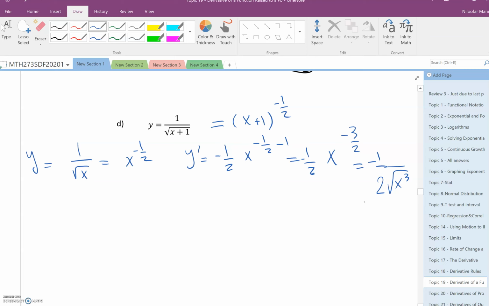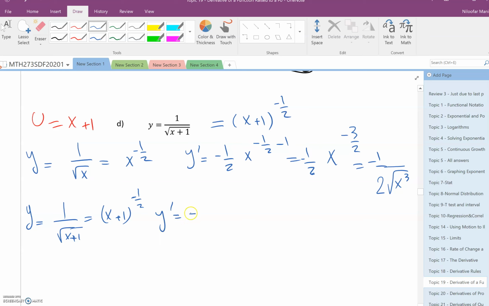So now I don't have that. I have u, and u is x plus 1. I know it's just x plus 1, but it still is not x. Okay, so I do y is 1 over radical x plus 1, which is x plus 1 power minus 1 over 2.